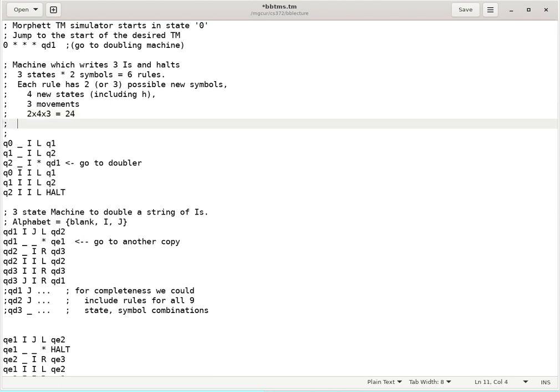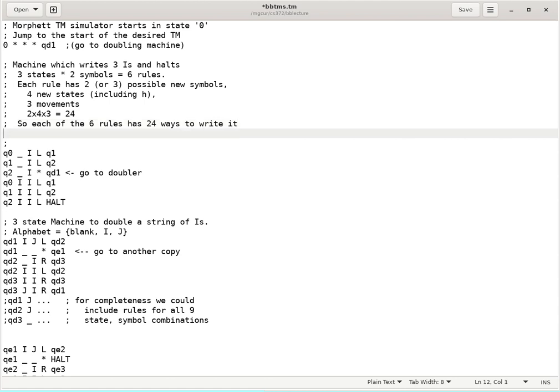Okay, so each slot, each of the 6 rules has 24 different ways to write it.